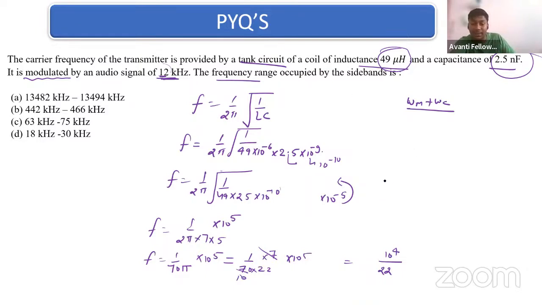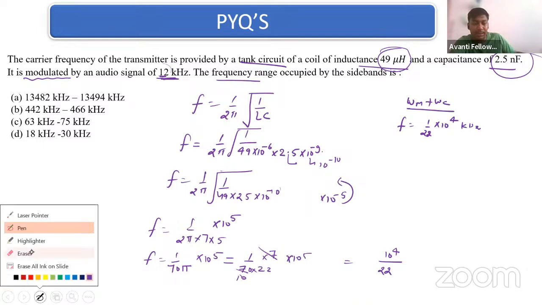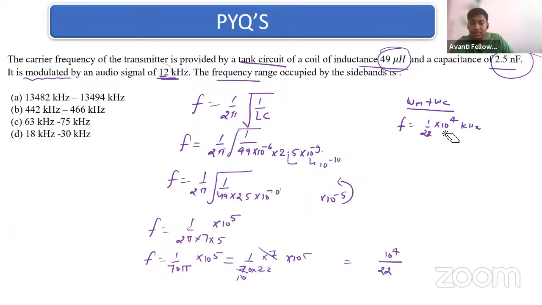When I solve this expression, I will get 1 over 22 into 10 to the power 4. Sorry, not kilohertz. It is only hertz right now.